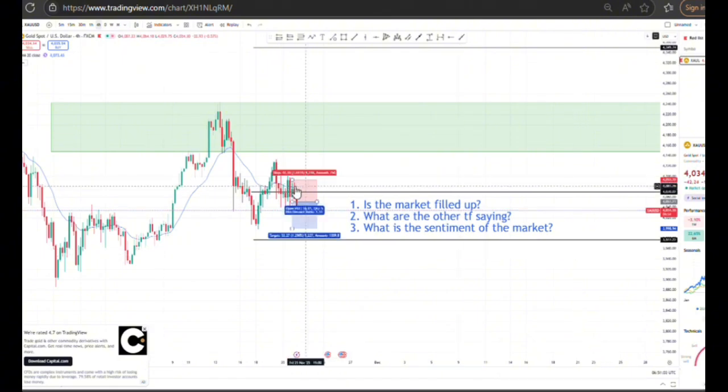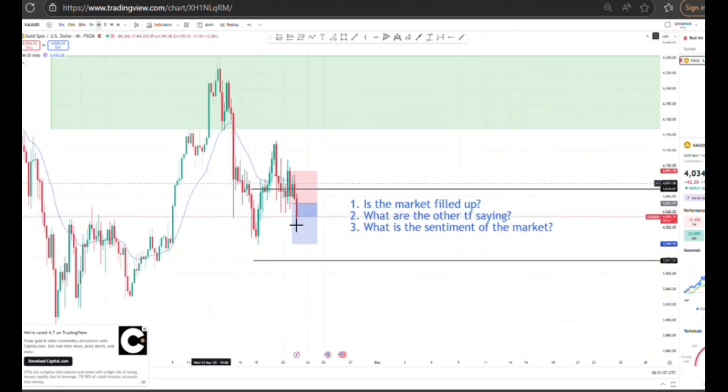This entry that I'm currently on, you can see what made me so sure of this trade is because all these gaps here have been filled. There's no gap here. The gap here has been filled.